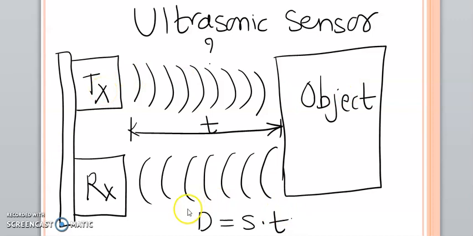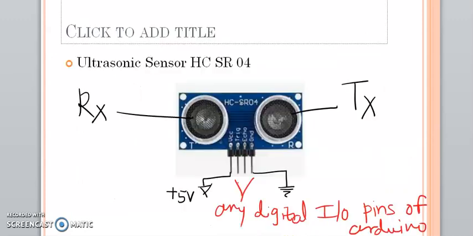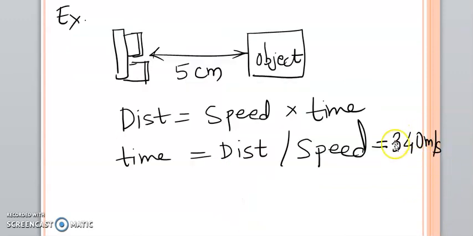So using the traditional formula of D equal to S into T. Here the echo pin in the ultrasonic sensor is going to give output in terms of microsecond. But here we have considered the speed of sound in terms of meter per second.